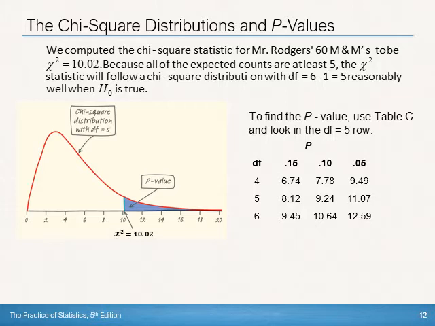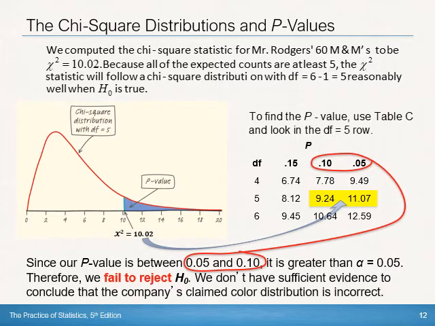You probably will not have a 10.02 in the table, but just like on the t-table, because it's between those two values of 9.24 and 11.07, the p-value is between the p-values listed at the top of each column. So we know the p-value is between 0.05 and 0.1. It's still greater than 0.05, so we can still fail to reject the null hypothesis, even though we don't know a specific p-value.